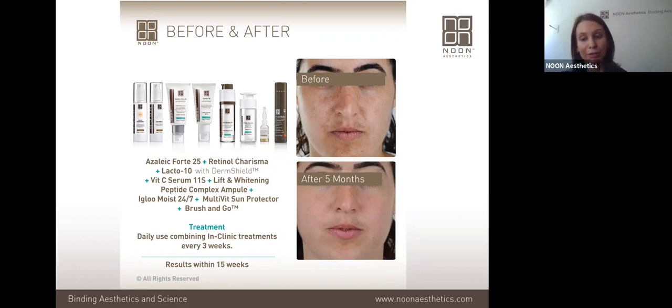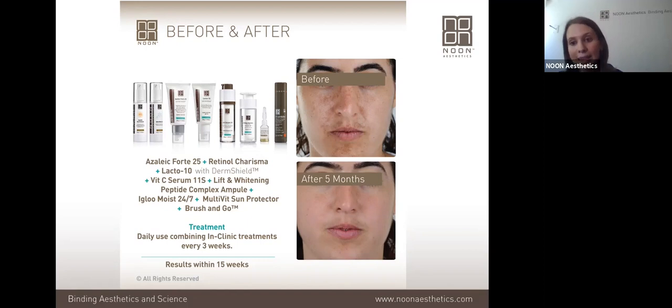And in clinic, of course, as I mentioned, we can't skip it. She was treated with our in-clinic peel protocol every 2 to 3 weeks. The result was seen after 15 weeks. And in the lower, bottom picture, we can really see the results after 5 months.